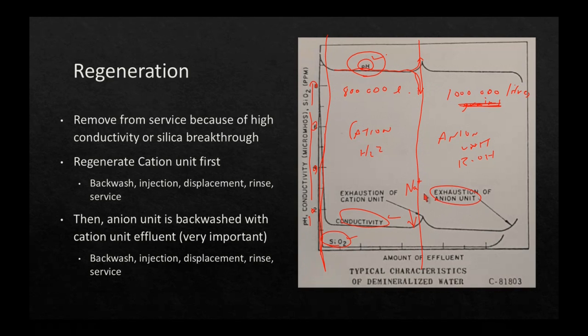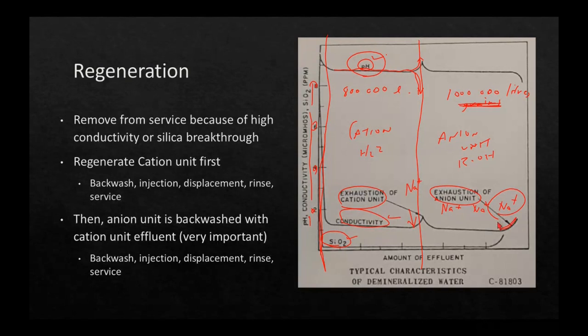The anion unit doesn't care if sodium is coming in, because it only exchanges anions. What that means is that we're going to see sodium in the effluent of the cation unit, or the anion unit, pardon me. See lots of sodium there, and the sodium that leaks through from this unit, we can pick up as an increase in conductivity.